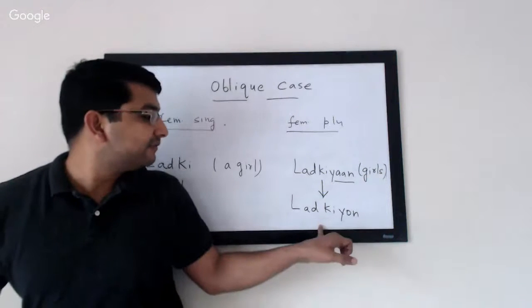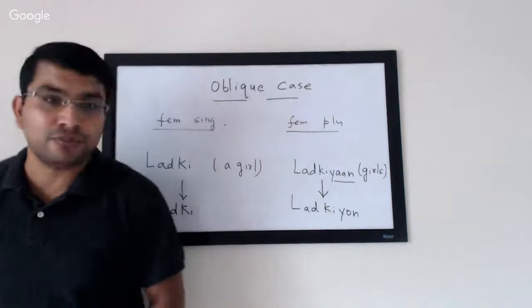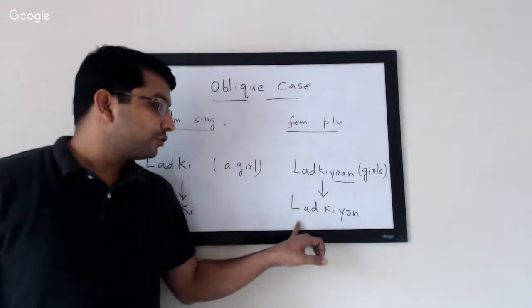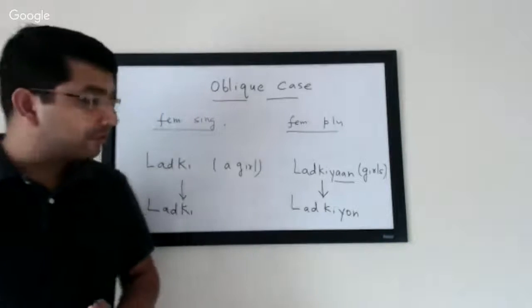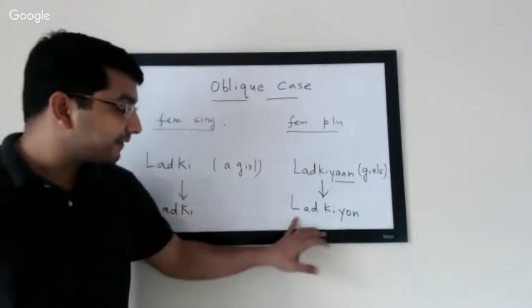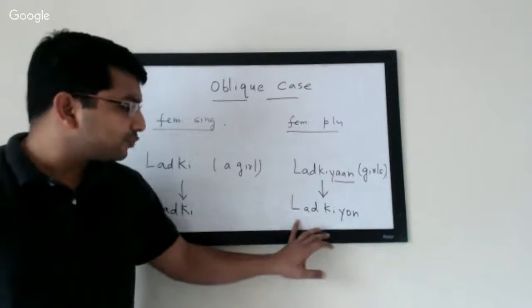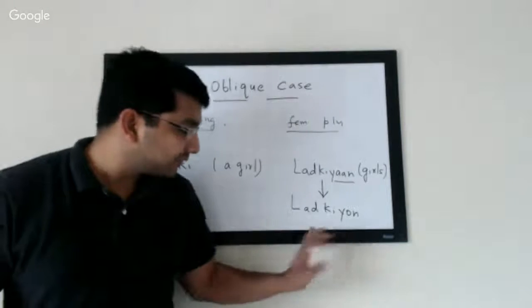Try practicing it with this. It'll give you more strength, right? So you can say लड़कियों से, लड़कियों पे, लड़कियों के लिए, लड़कियों का, लड़कियों की. Any postposition basically. So I hope this is clear.